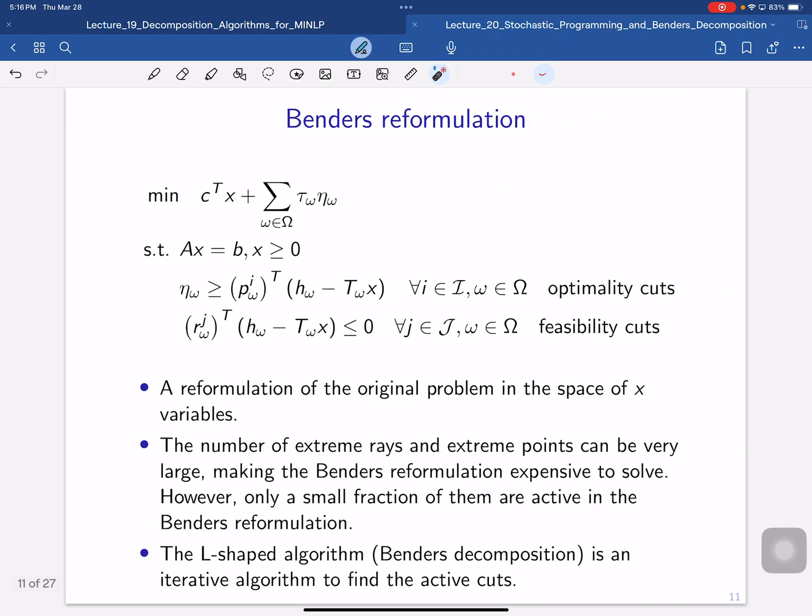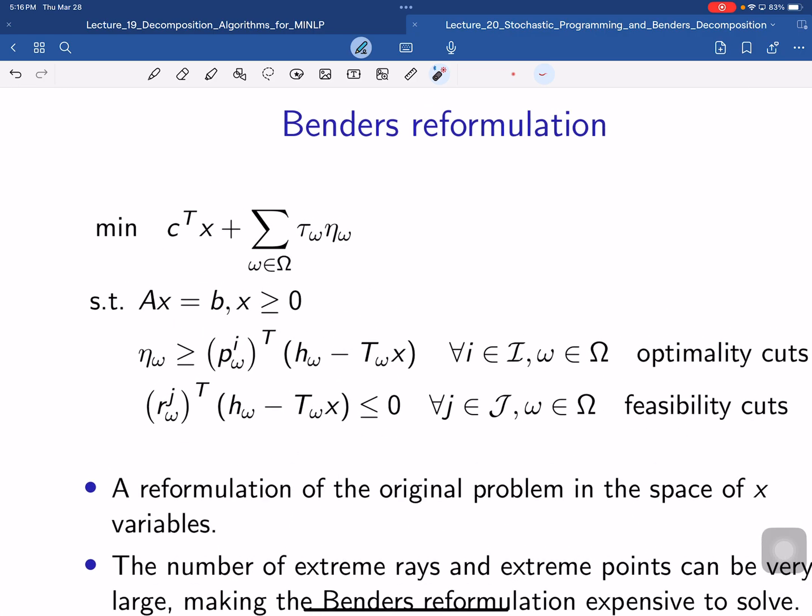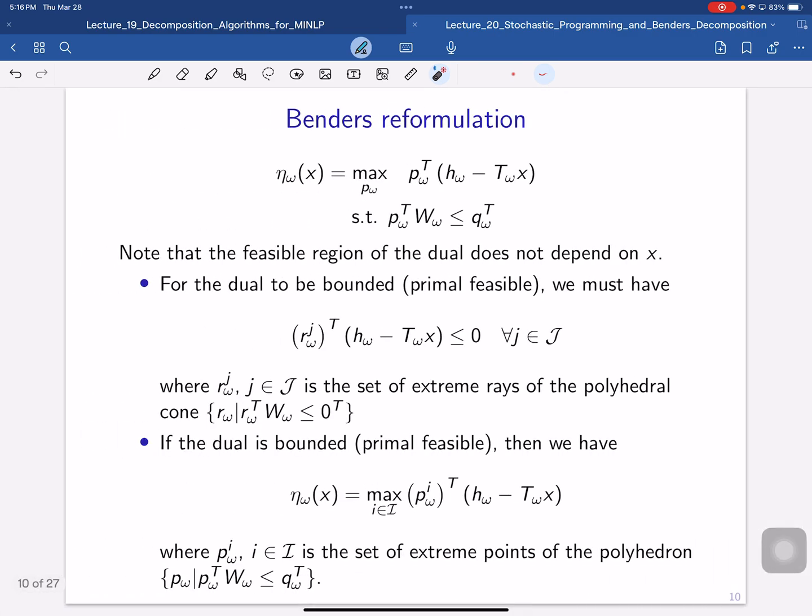So with that, we can have a Benders reformulation. Right. So essentially, what we have is the following. If the problem is optimal, we are taking the max over a bunch of linear functions, right?